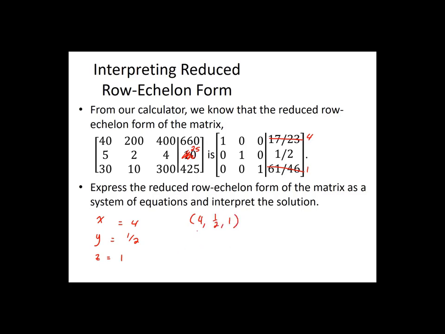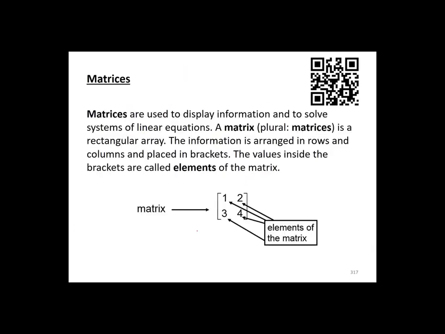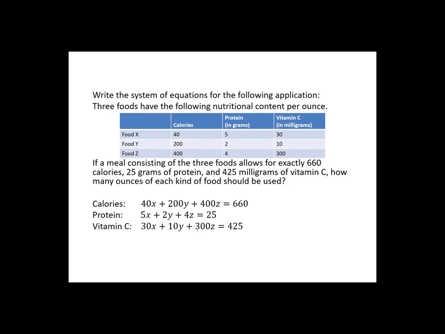Now we'd interpret that solution as, going way back, those represent the number of servings of each of those foods X, Y, and Z. So in this case, we need 4 servings. I'm just going to go back to that previous table. How many ounces actually was the unit?